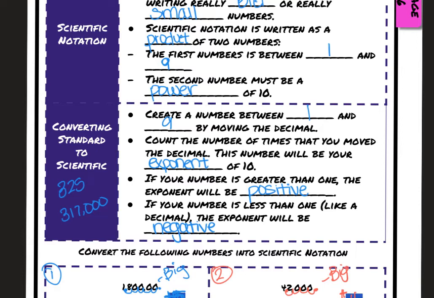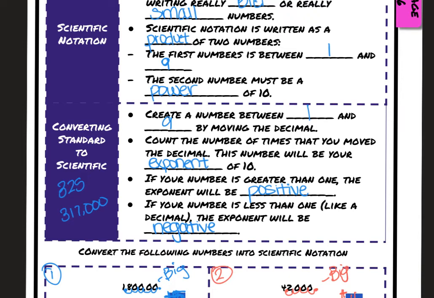So what I mean, 0, 0, not 0, decimal. Okay? That 7 was your first not 0. So then my decimal becomes 7.626. Okay? And I moved 1, 2, 3 places. So it's going to be a negative 3.